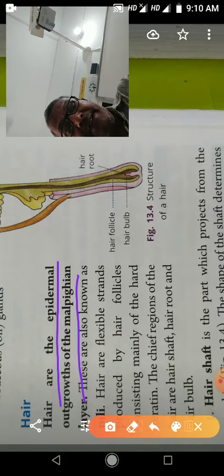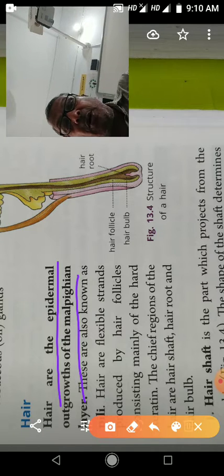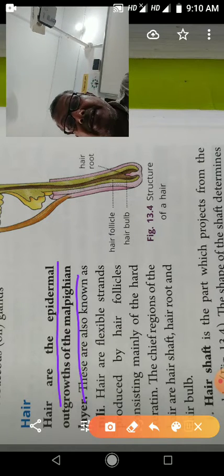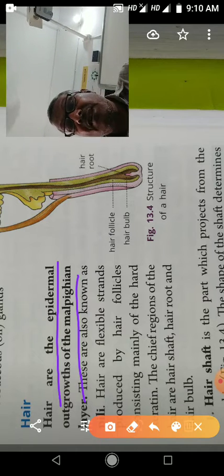Hair are flexible strands produced by hair follicles. It consists of hard keratin. The chief regions of the hairs are hair shaft, hair root, and hair bulbs.